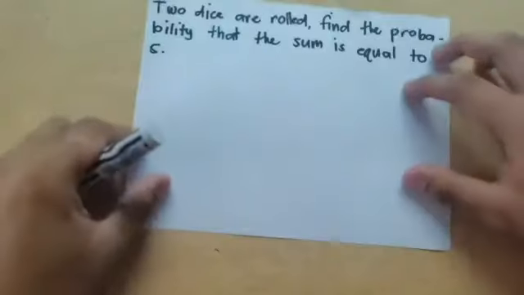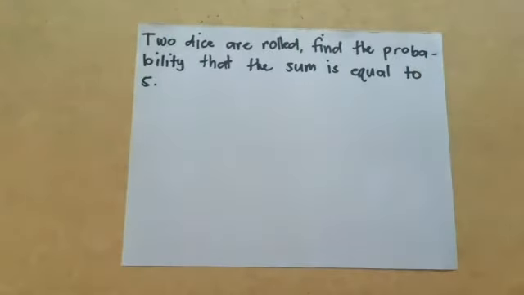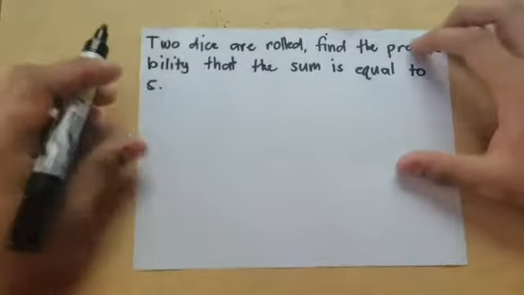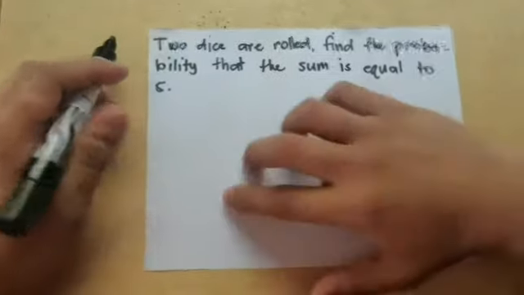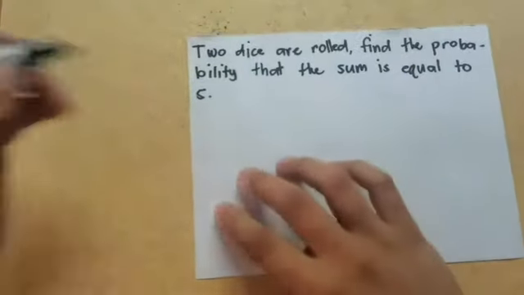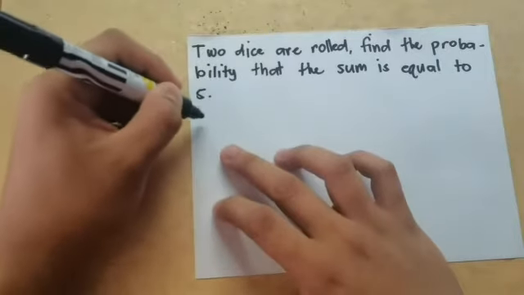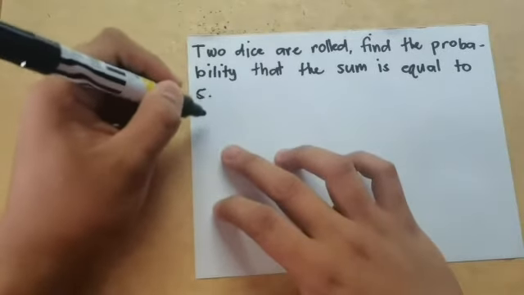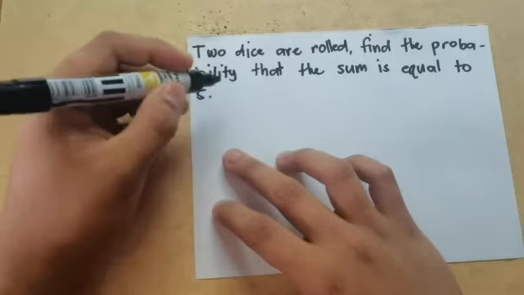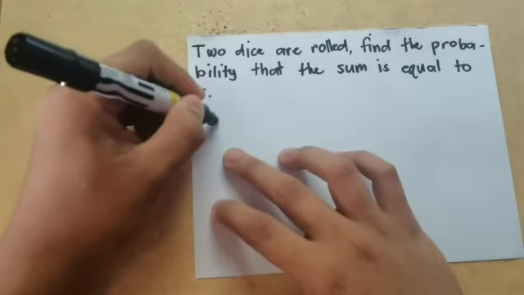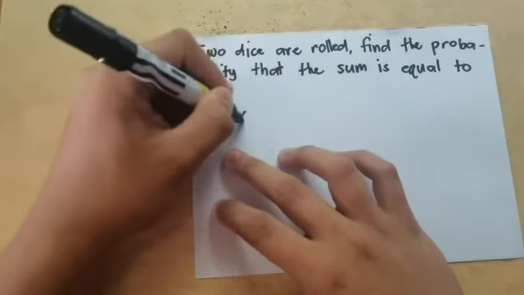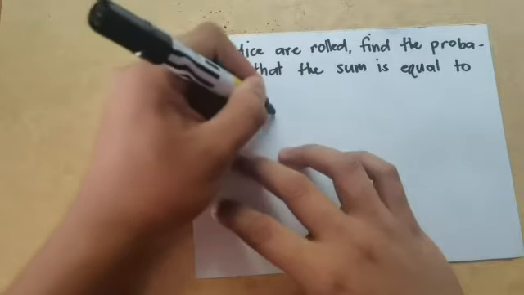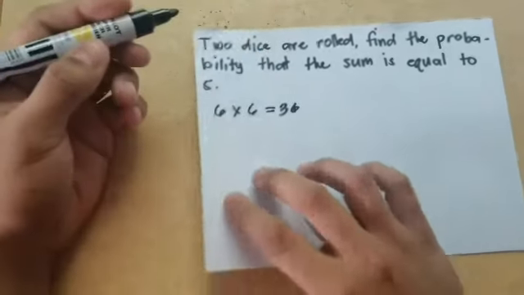Next question. 2 dice are rolled. Find the probability that the sum is equal to 5. 2 dice are rolled. Okay, so there are 6 sides times 6 sides, which is equal to 36.